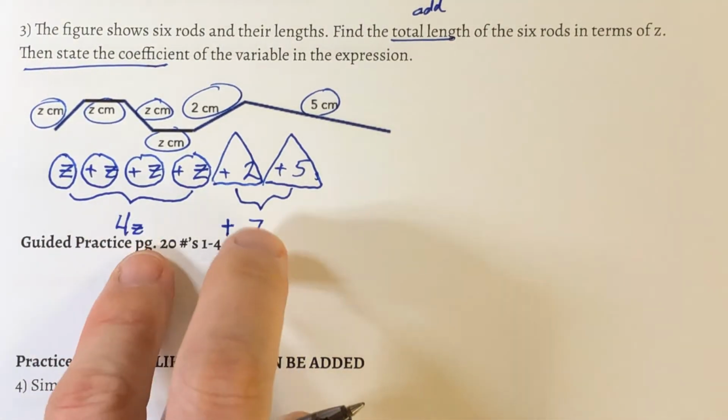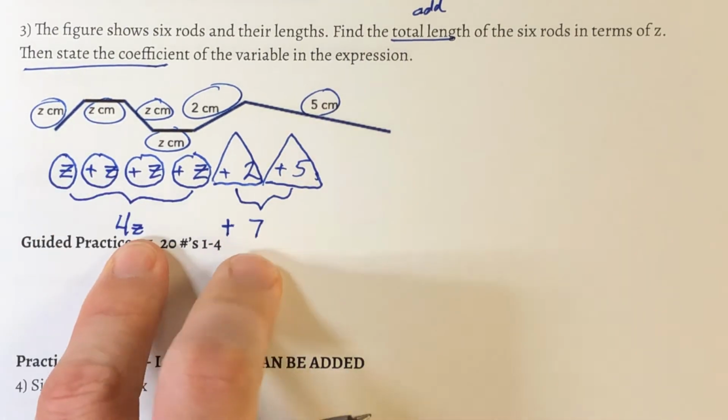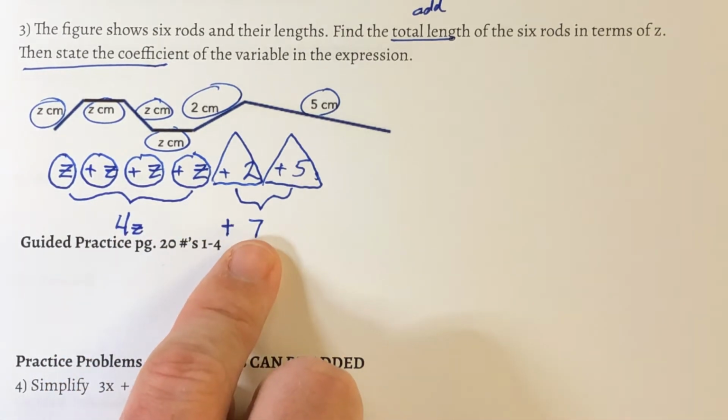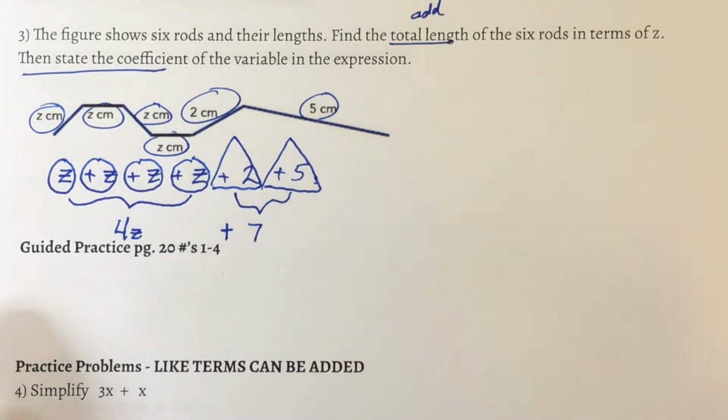Can I combine the 7 and the 4z? No, they're not like terms. They both don't have the same variable. This one has a z, this one doesn't. So what is my answer? 4z plus 7. You can't do anything else.